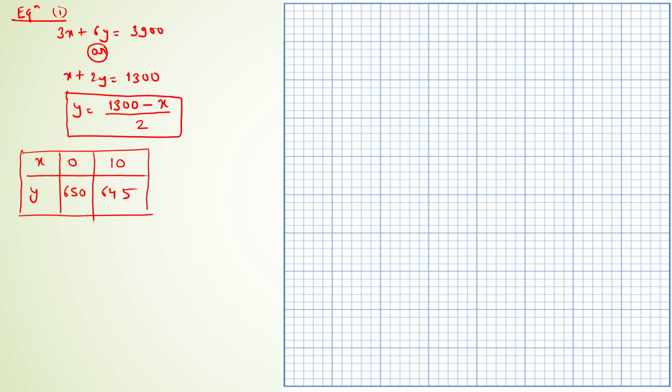So if we plot the graph of this equation, it will be of the form, I am drawing the generalized graph of these equations. It will be like this. I am not plotting the exact values over here. So the nature of the graph will be like this.